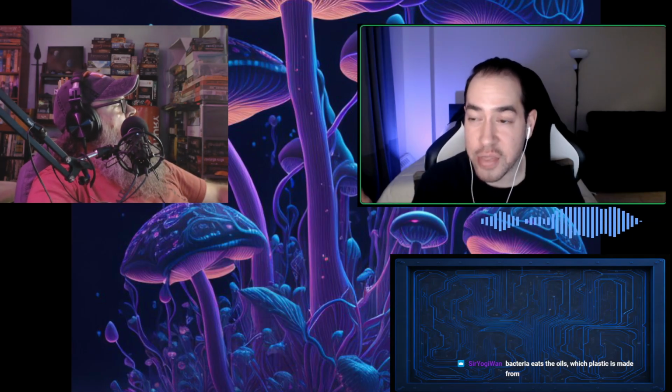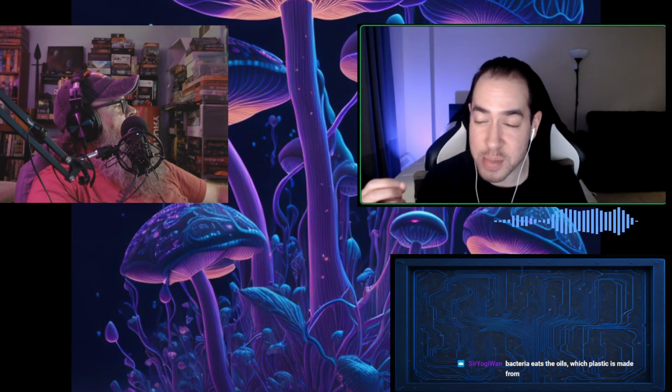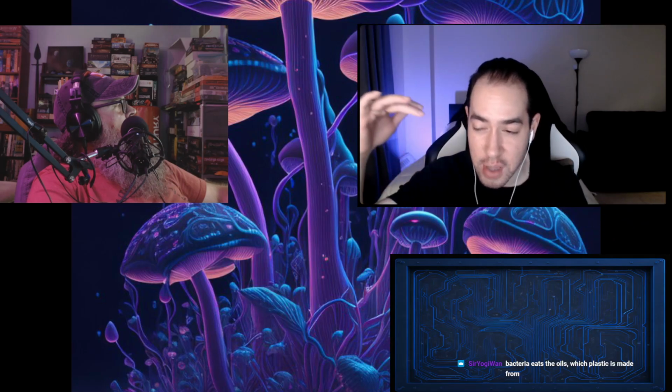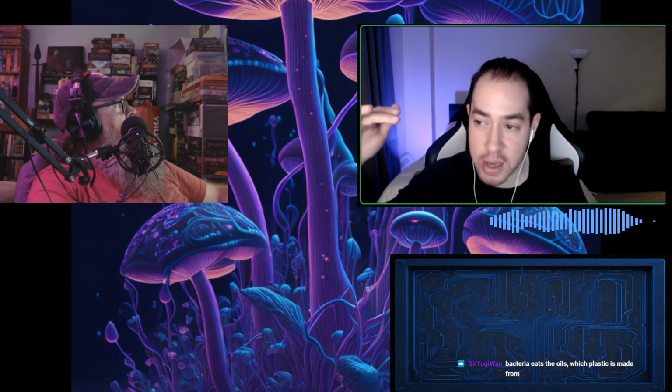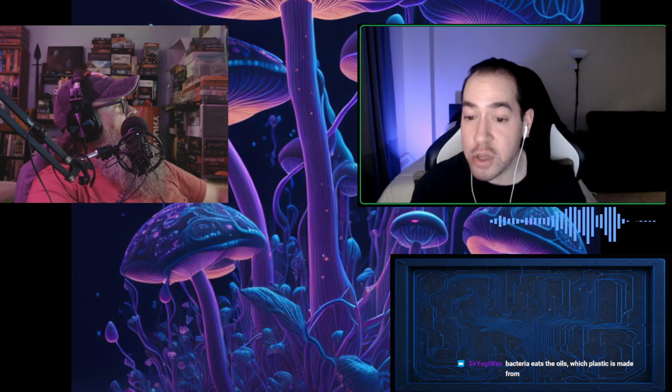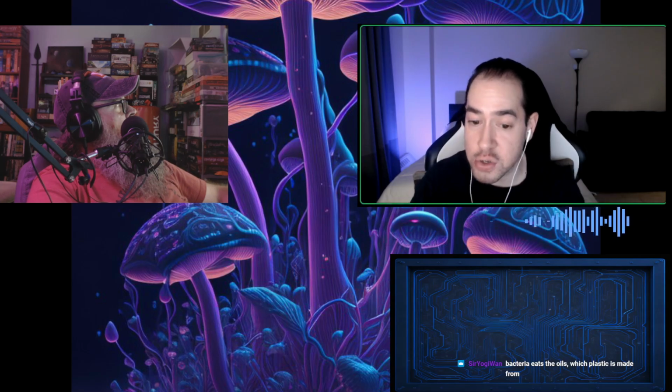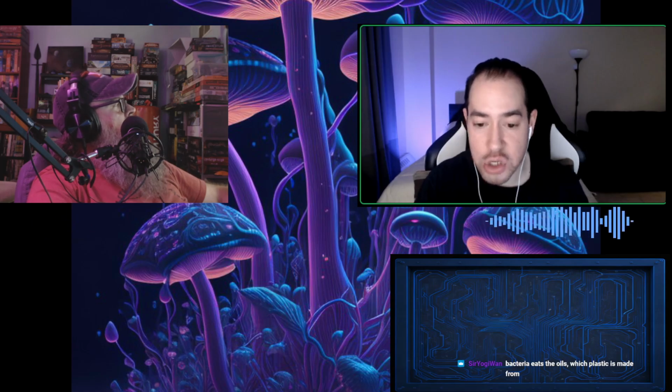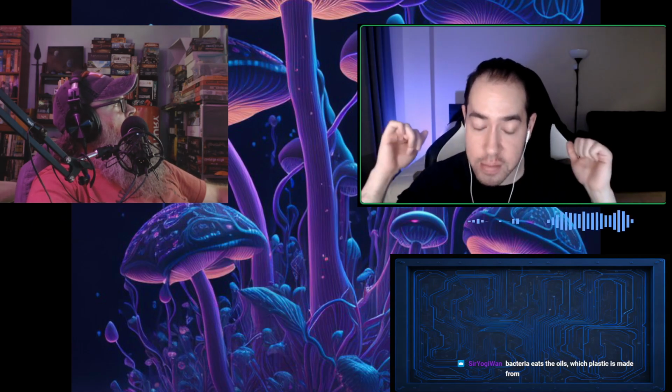I think it needs a specific temperature, either higher or lower, I can't remember, but it needs very unique conditions to carry out its function of breaking down plastic. And this is where protein engineering comes into play.